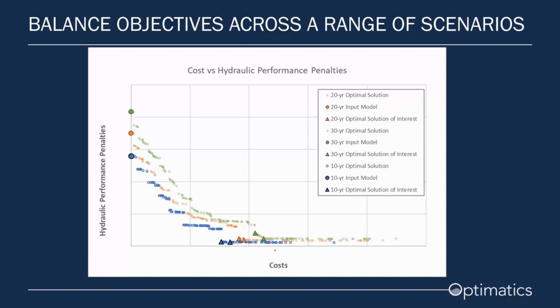We obviously want to interrogate these strategies to see what we're coming up with. What's really good about this kind of multi-scenario optimization is we were able to say, this is how much more it's going to cost to get you to a 20-year level of protection, and this is how much it's going to cost to get you to a 30-year. So they can make an informed decision on how much flood protection we can afford and what makes sense.